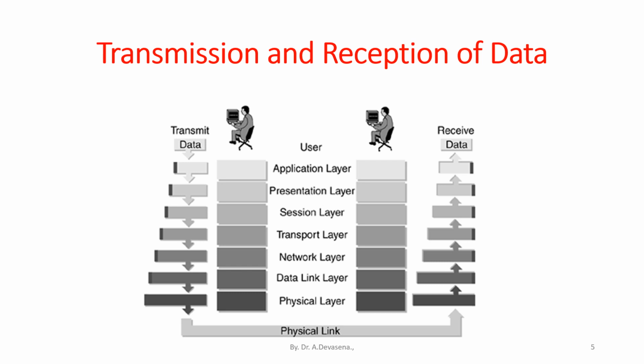The node is now transmitting the data. It is passed to the application layer. From the application layer, it is passed to the presentation layer. From the presentation layer, it is passed to the session layer, then to the transport layer, then to the network layer, then to the data link layer. Finally, it reaches the physical layer.